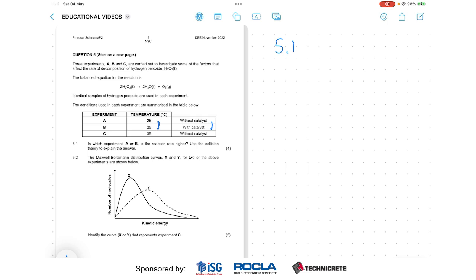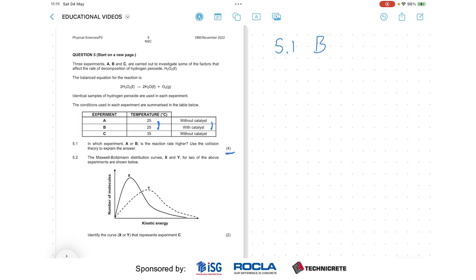So we should already know that catalysts act to improve our reaction, or at least increase the rate of reaction, whilst inhibitors act to slow down the reaction. And of course, a reaction that has a catalyst would be faster than a reaction without it, as long as they're at the same temperature and it's the same reaction. So here the answer is of course B.